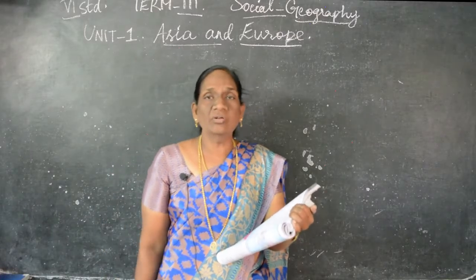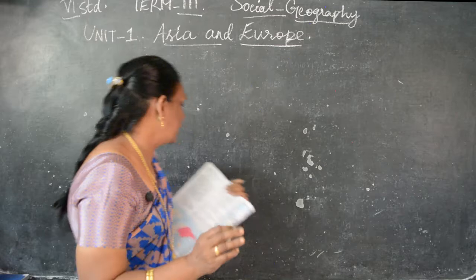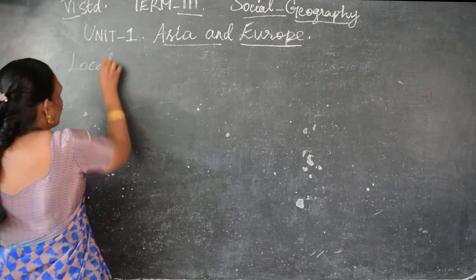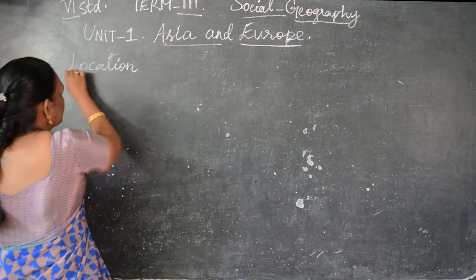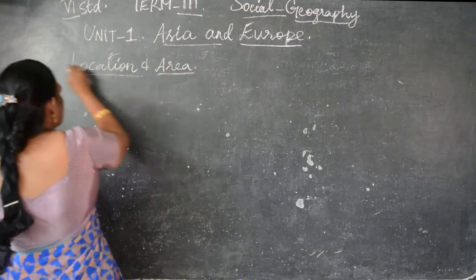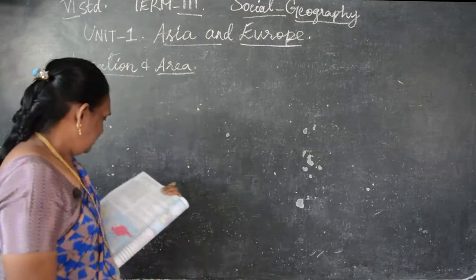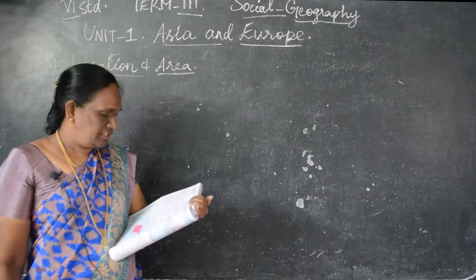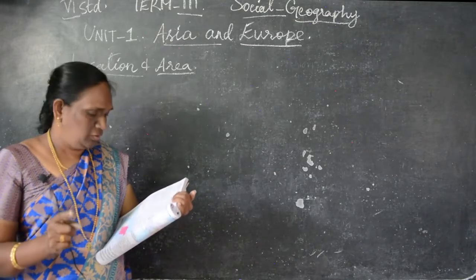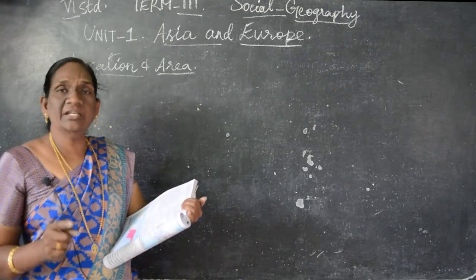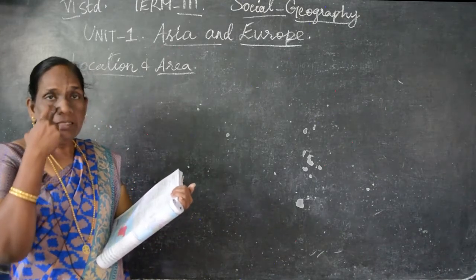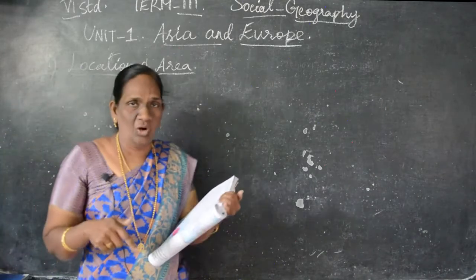Okay. We'll see about the location and area of the continent. Location and area. First, we'll see about that. This Asia extends from 10°11' south to 81°12' north latitudes. Understand? The latitudes and the longitudes lines you all know.